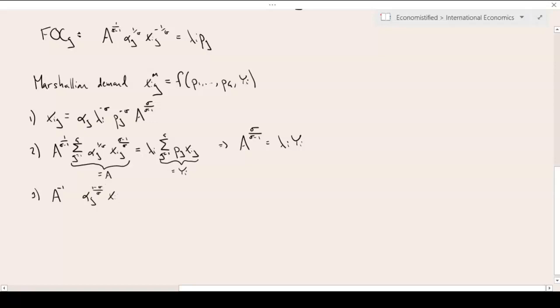And Xig to the power of sigma minus 1 over sigma equal to now lambda I to the 1 minus sigma times PG to the 1 minus sigma. I can't do anything with this yet because this alpha g is not quite to the right power. So I'm going to multiply both sides by alpha g.